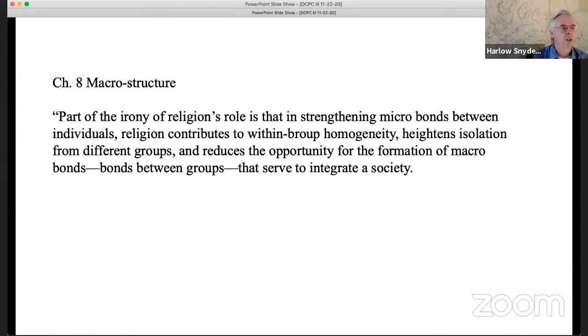It heightens isolation from different groups, reduces the opportunity for the formation of macro bonds between groups that serve to integrate a society. So what they're going for here, even if I haven't really managed to make a tight argument for it, is that some of the dynamics that make it hard to maintain an interracial group also contribute to the division of Black and white churches at the macro level.